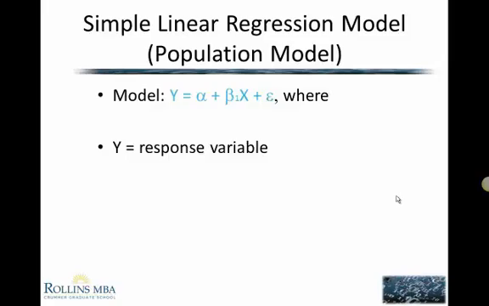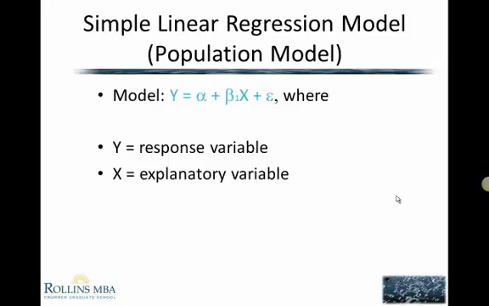So, in essence, this equation is looking at the actual real values of these points that we have. And we're saying y, the value of the response variable at any given point, is what we're talking about here. X is the x value of our explanatory variable.